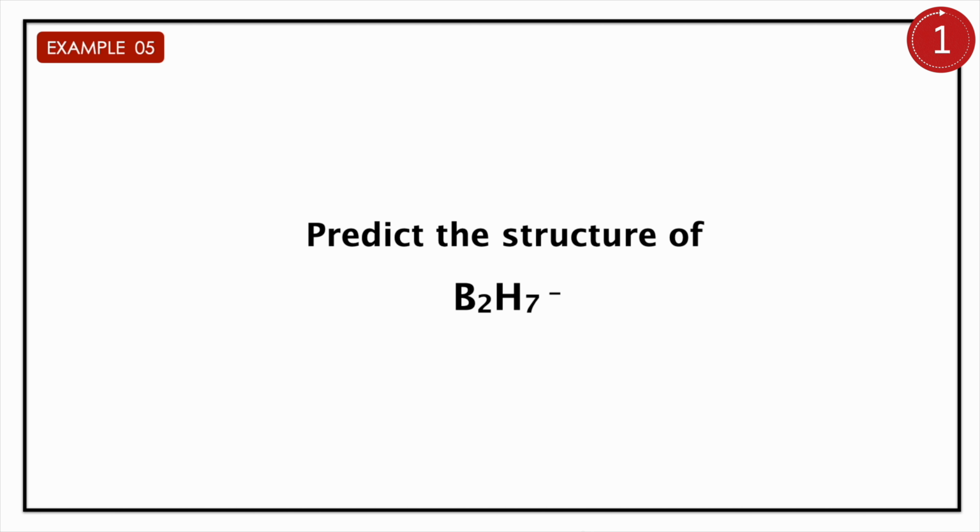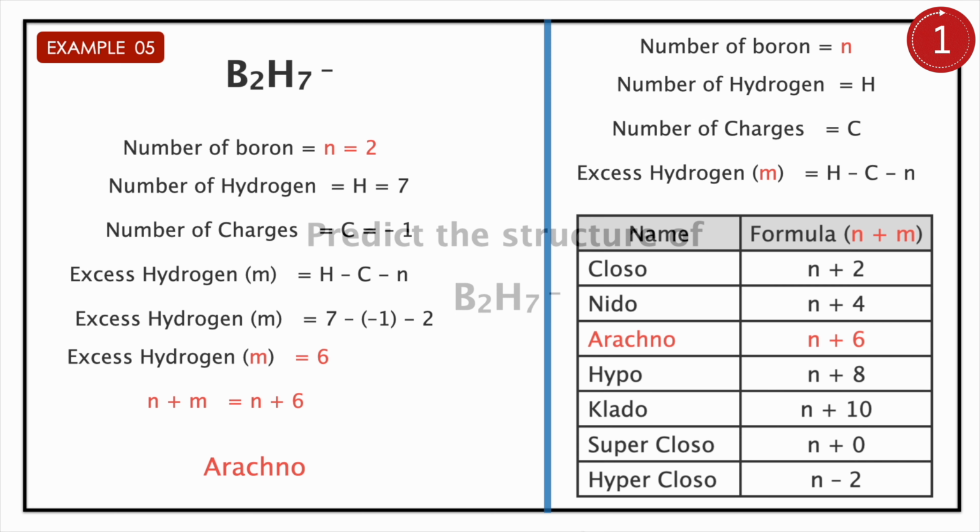Then the next example, predict the structure of B2H7 minus. B2H7 minus means a charged system. Number of borons are 2, so N equals 2. Number of hydrogens are 7, so H equals 7.